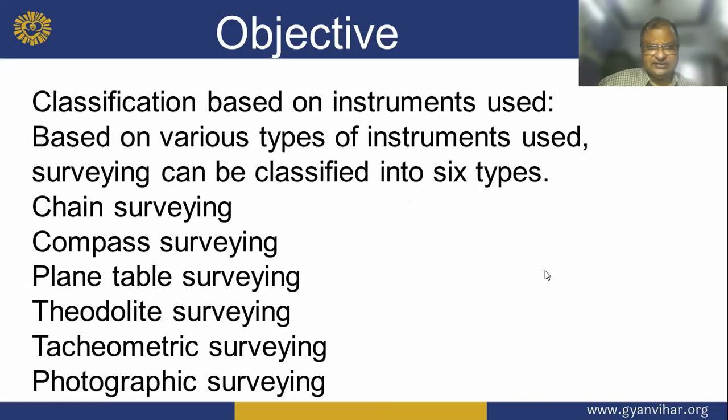Based on the various types of instruments used, surveying can be classified into six types: chain surveying, compass surveying, plane table surveying, theodolite surveying, trigonometric surveying, and photographic surveying.